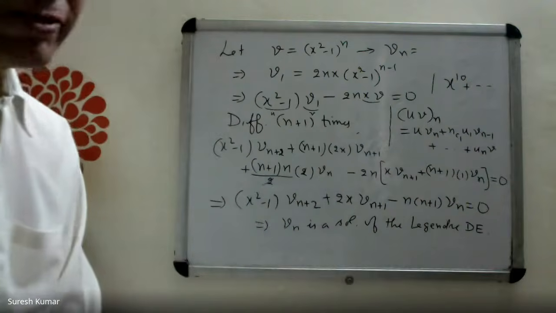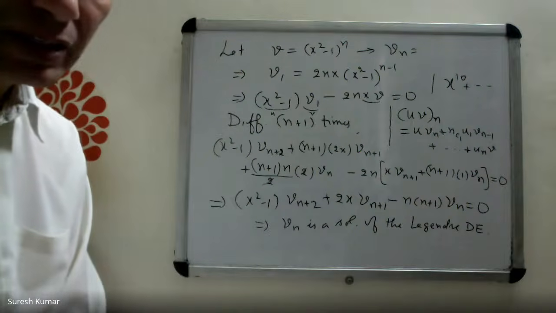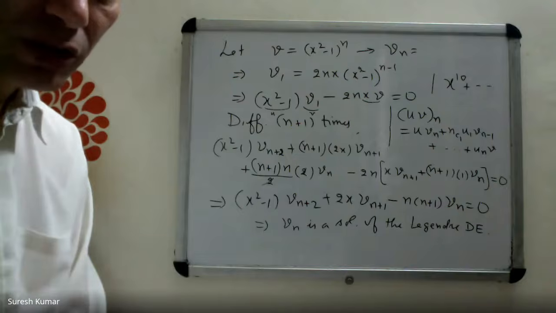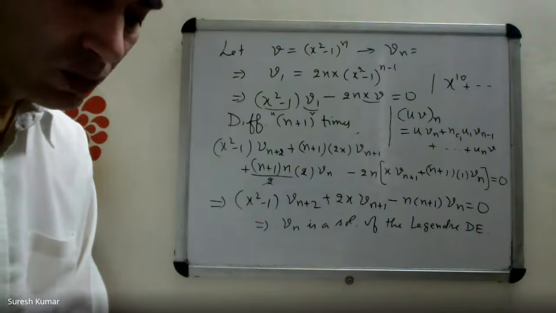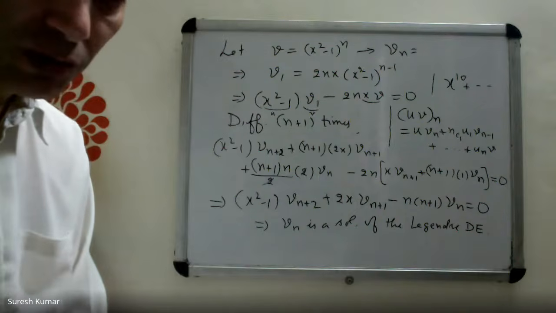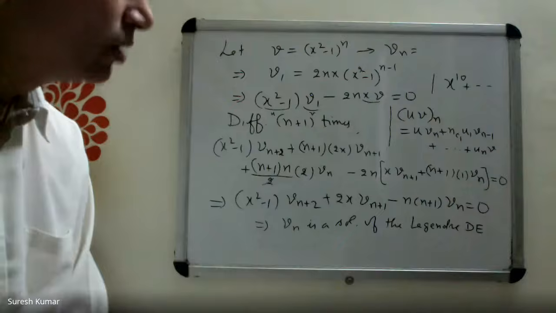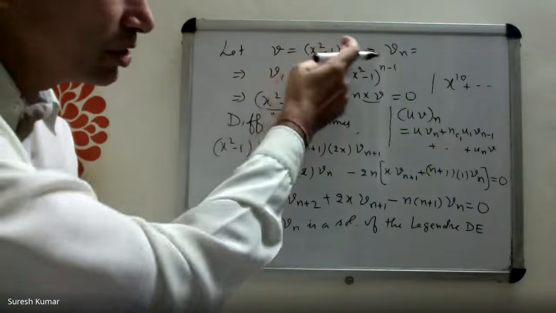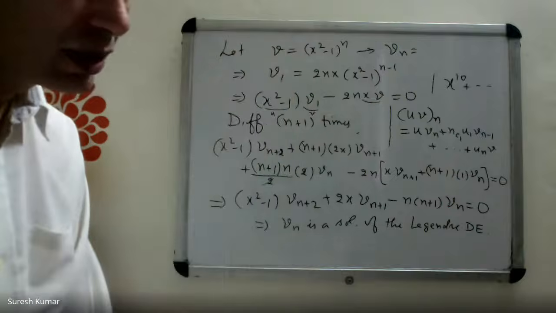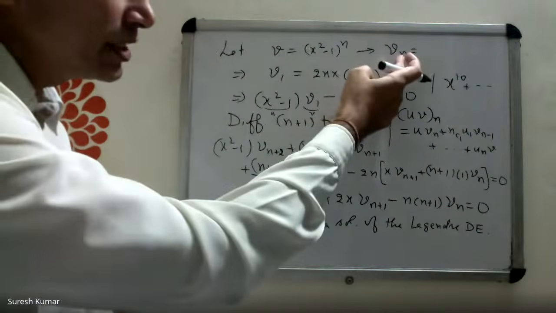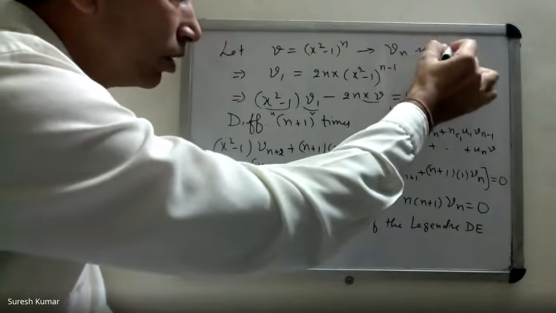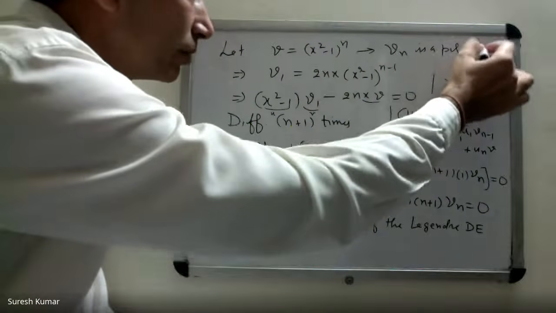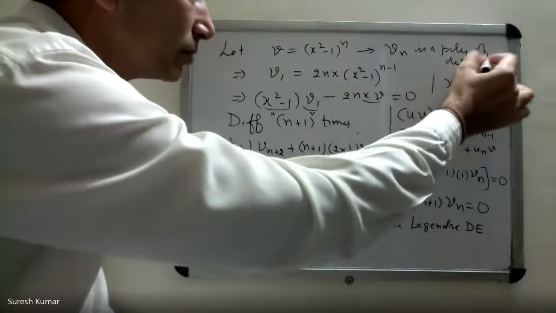If I differentiate it 5 times with respect to x, what is the degree of the resultant polynomial? 5. So it is a polynomial of degree 2n, clearly the highest degree is 2n, right? If I differentiate it n times, then vₙ is a polynomial of degree n. Correct?